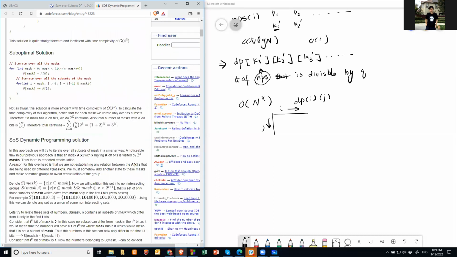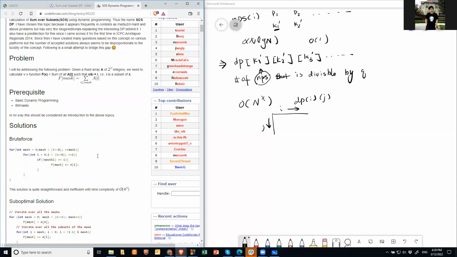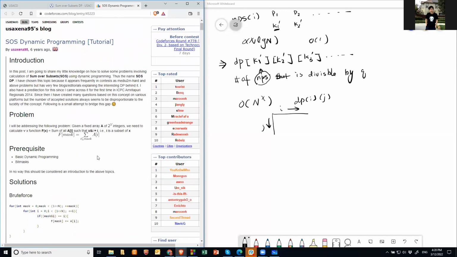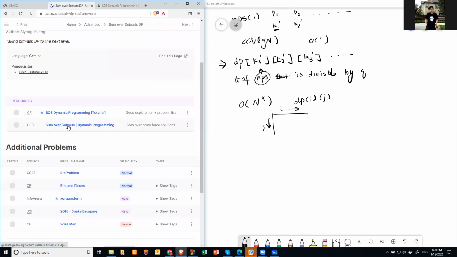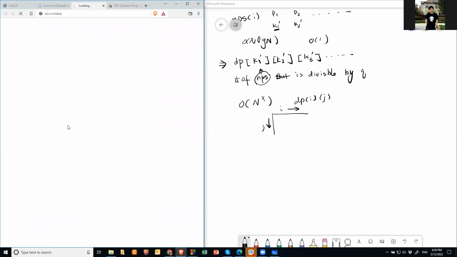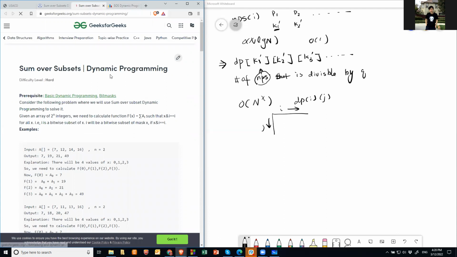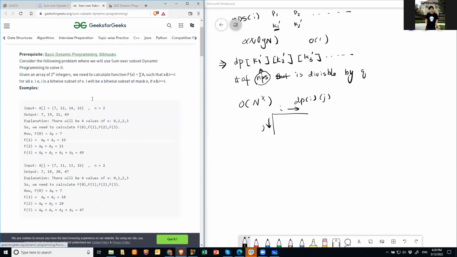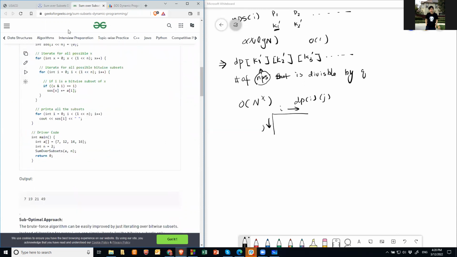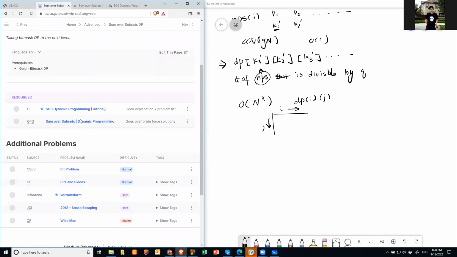Of course, you have to go through the details to understand how the sum over subset works. Read that problem, read the Codeforces instructions, and also read the GeeksforGeeks instructions. That will give you an idea how that works.